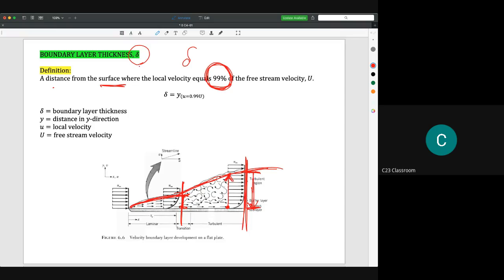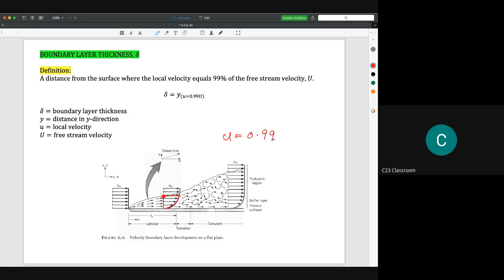It means that if we have a velocity distribution here, we need to know where the local velocity u has 0.99 capital U, meaning 99% of the free stream velocity.